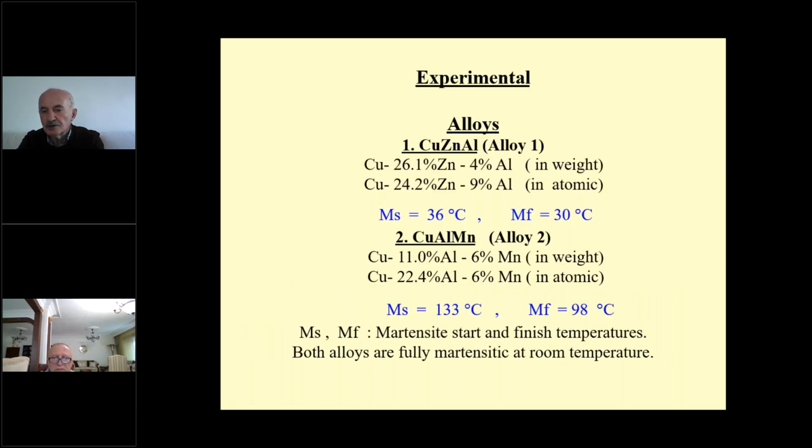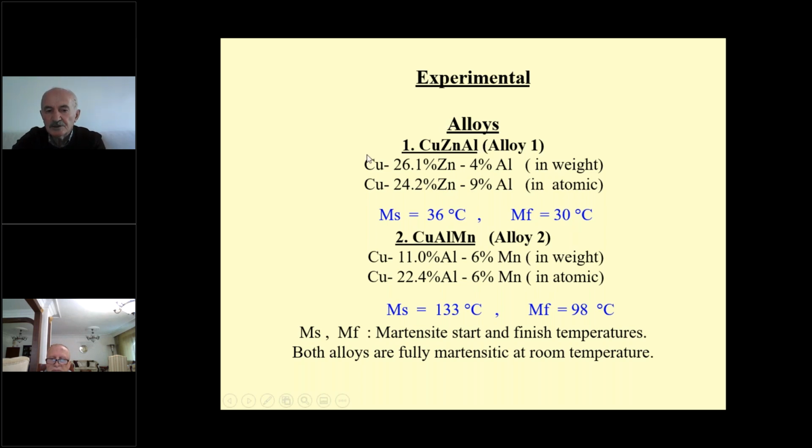These are the basic terms and definitions related to the shape memory effect and superelasticity. As you can see, experimental studies were performed on copper-based shape memory alloys. These are copper zinc aluminum and copper aluminum manganese alloys.